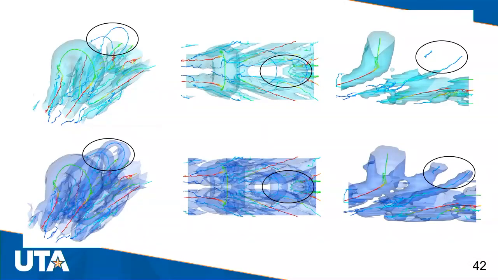The same thing, we reduce the isosurface, so you can see these additional vortex co-lines are covered by the isosurface. So you can find more vortices and know better about the real vortex structures.